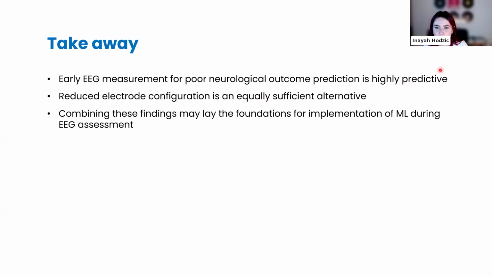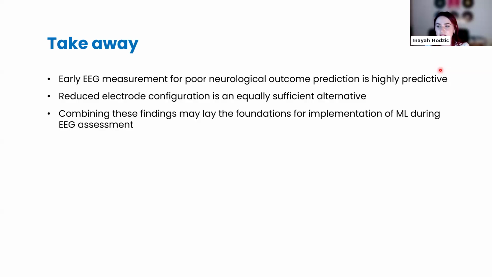So first, what about the prognostication of good outcome? That's a good question. In this study, we only looked at poor outcome, but within the department, we are now branching out to look at ways of predicting a good outcome as well.